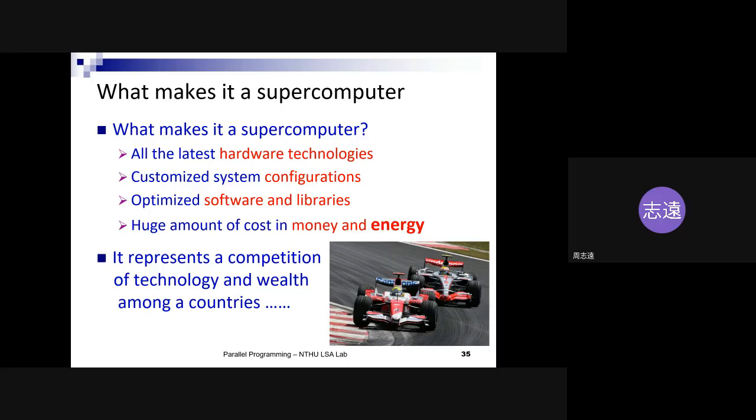They don't want this technology to be used by other countries to power their military or their economy. So you can see computing power is really important today. Okay.